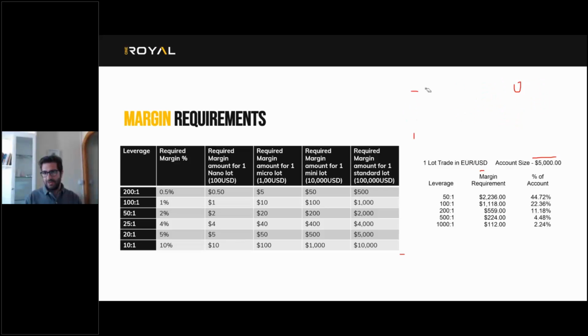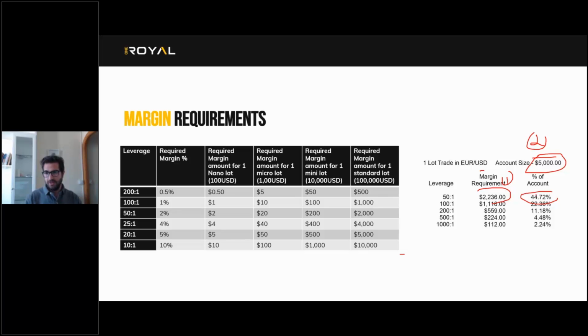So how did we come up with those percentages here? 44.72%. How did I come up with this number? So the required margin, or the margin requirement, is 2,236 divided by this number, 1 divided by 2, you will get how much this margin requirement represents as a percentage of your account, which is 44.72.